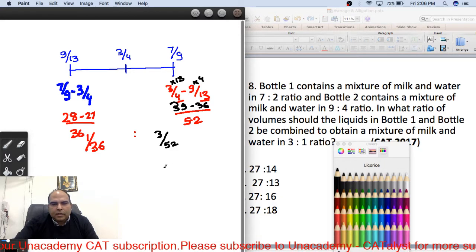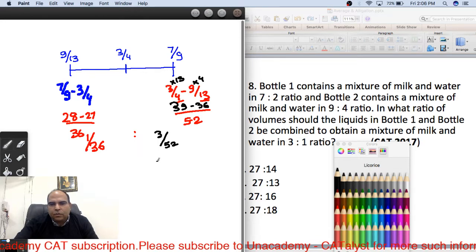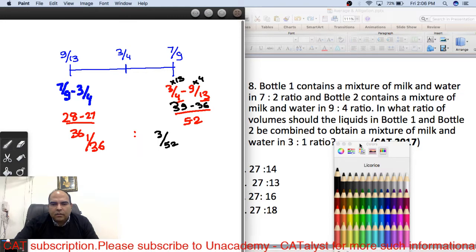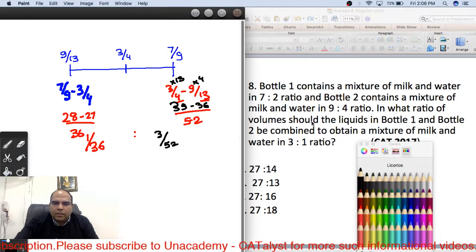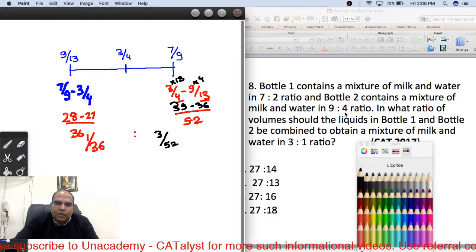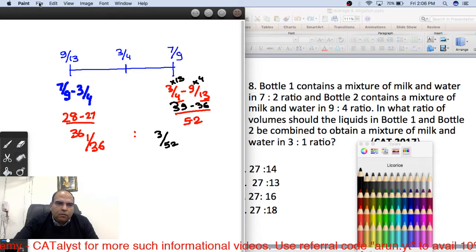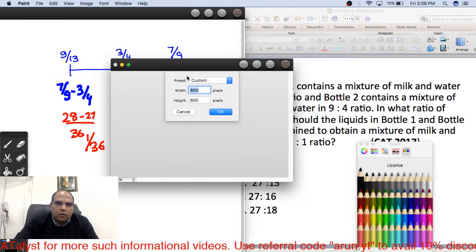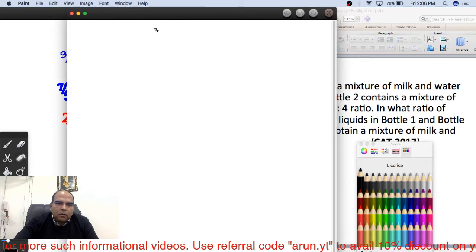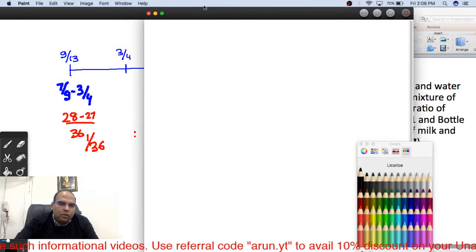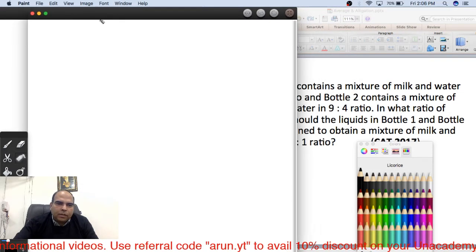So 1 by 36 is to 3 by 52 is the ratio of mixing. Now since the question being asked is that 7:2 is bottle 1 and 9:4 is bottle 2, you'll have to invert this. So the ratio will move to 3 by 52 is to 1 by 36.